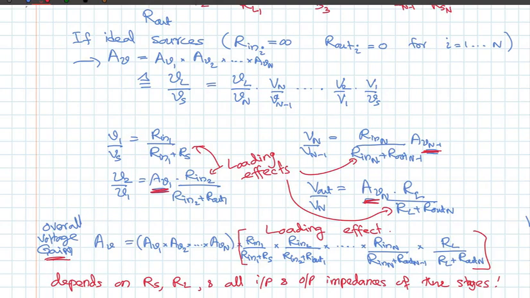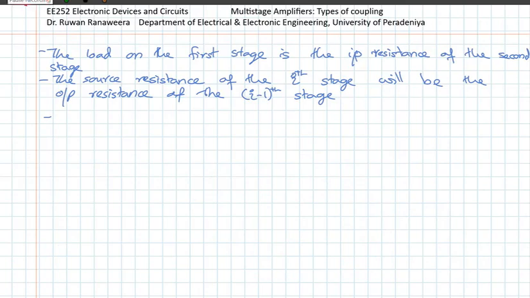Okay, so the load on the first stage is the input resistance of the second stage, and the source resistance of the ith stage will be the output resistance of the i minus 1th stage.